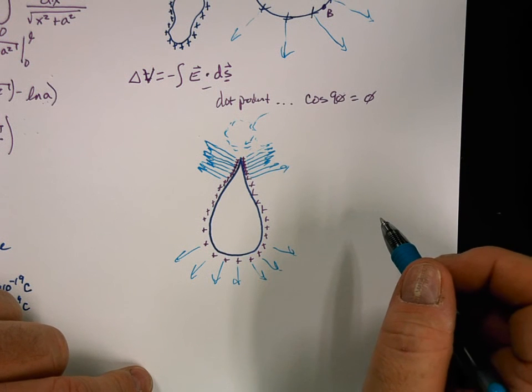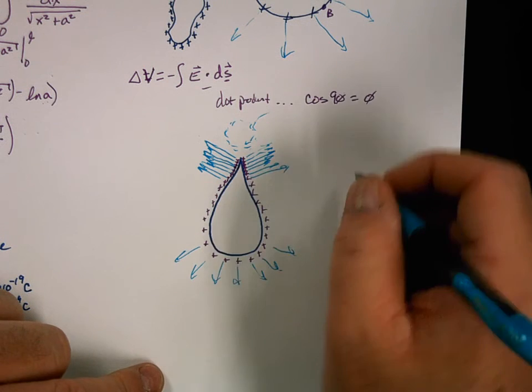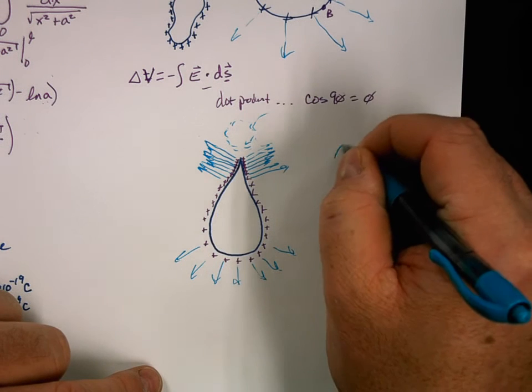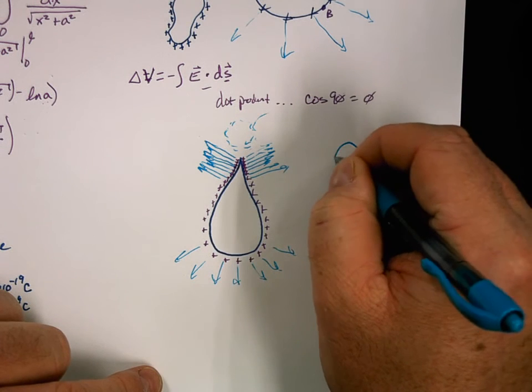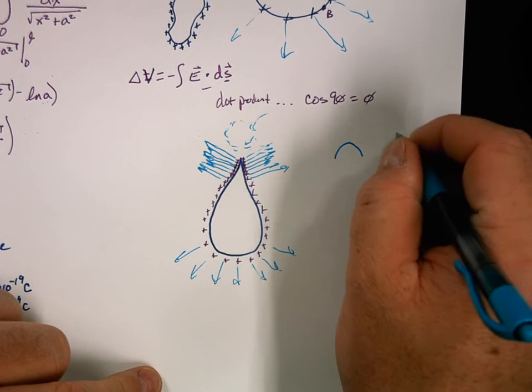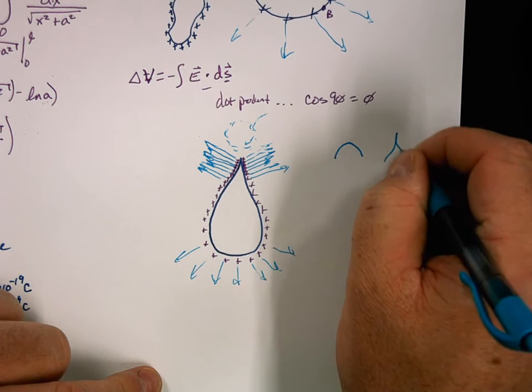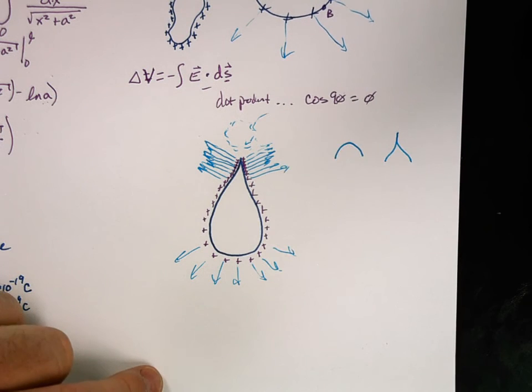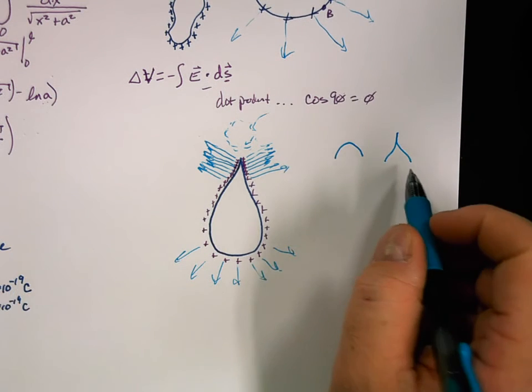The argument was: do we want a conductor on top of our building that looks like that, or do we want a conductor on top of our building that looks like that? What do you think would be more effective at attracting the lightning?